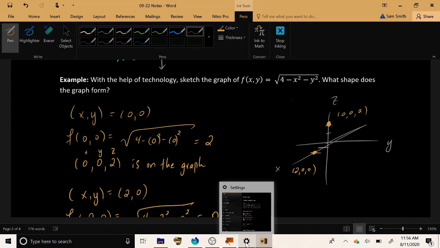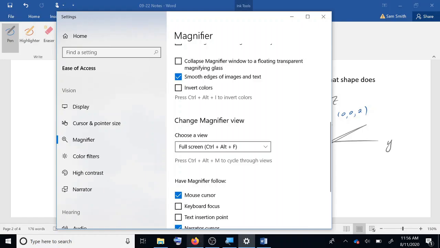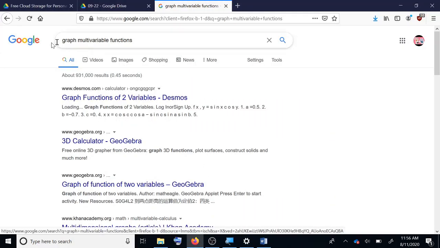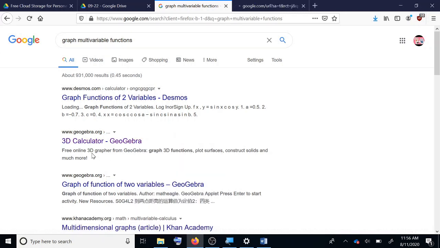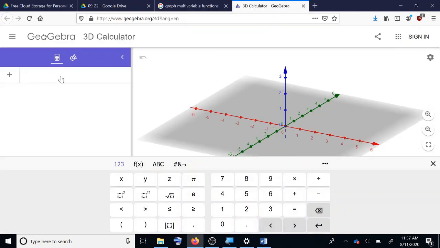So let me go ahead, turn off inverted colors, and let me go out to Google here. All I have done is simply Googled graph multivariable functions. And here I think are the 2 prime best resources for graphing functions of 2 variables. I have a slight preference for GeoGebra's 3D graphing calculator. So that brings us to this screen here.